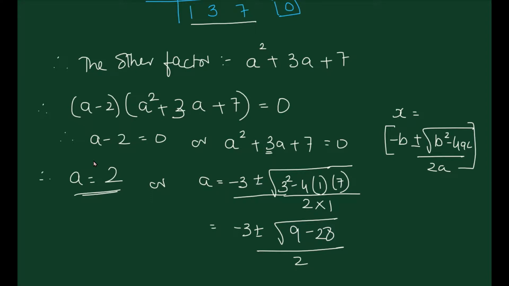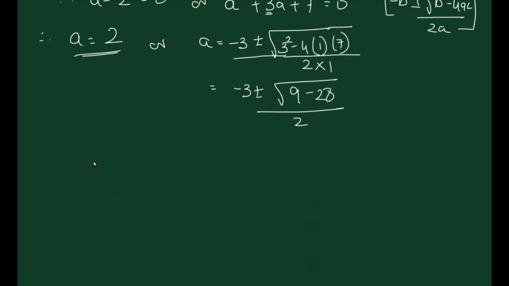Now this is going to be a number which is not real. Okay, this is not going to be a real number. So since this is not a real number, this solution is rejected. This solution is not acceptable.